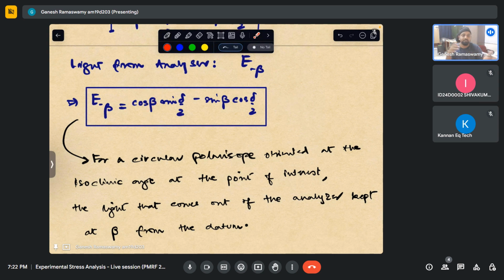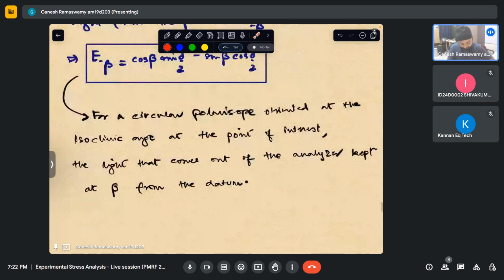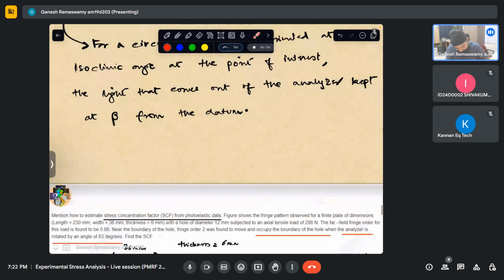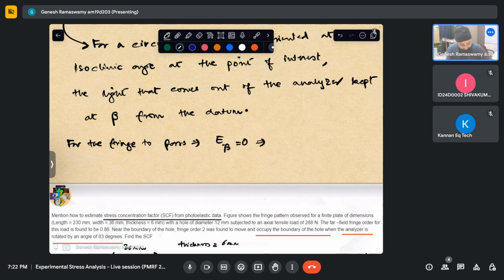Meaning, by rotating the analyzer, I make a fringe pass through this point. So the condition for the fringe to pass, E of minus beta equaling 0, this gives me what?